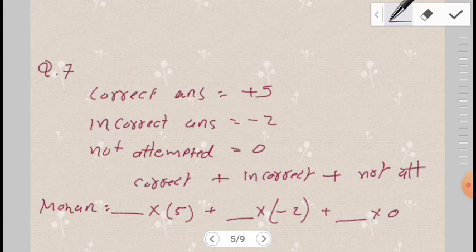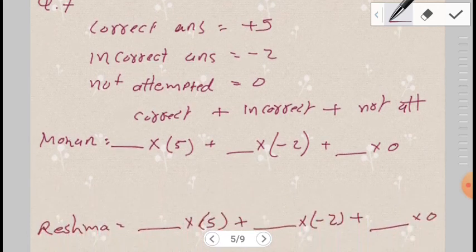If you answer correctly, you will get 5 marks, and if you give an incorrect answer, you will be deducted minus 2 marks. And if you do not attend that question, you will get 0 in that question. So by answering correctly, you will get plus 5, for incorrect minus, and if not attended, you will get 0.